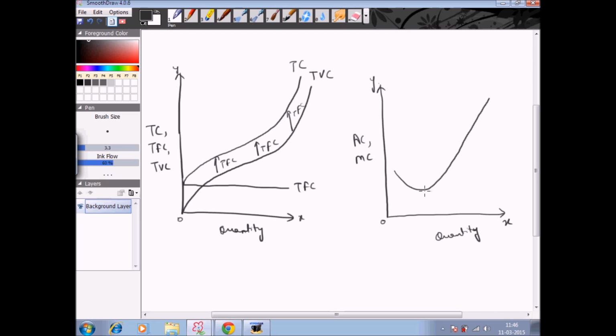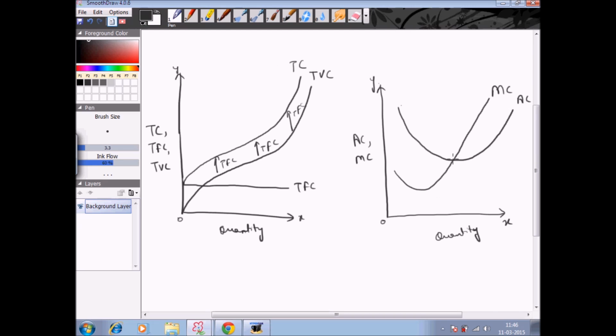Up till a certain level of production it will decrease, and as soon as the production level is increased it will start increasing. This is the marginal cost curve, and the average cost curve decreases then it starts increasing. So this is how we see the behavior of the marginal cost and average cost.